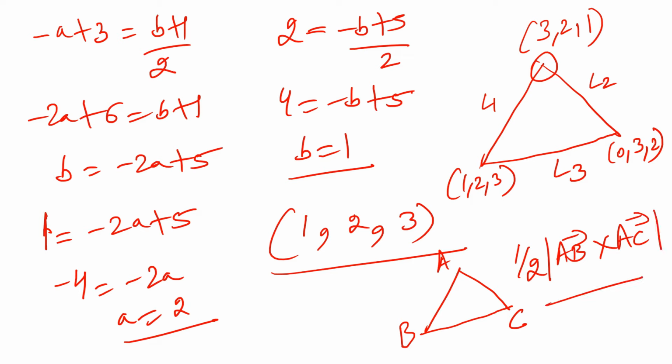So now what we have to do, let's call this point as A, this point as B, and this point as C. Now we have to use the same formula, find the vectors AB and AC, and find their cross product, and then put the values in this formula to get the area of the triangle.